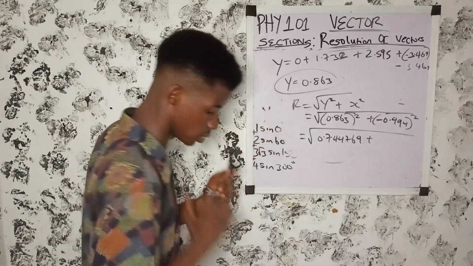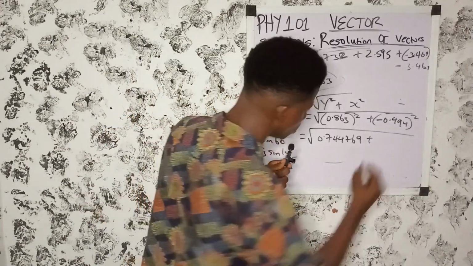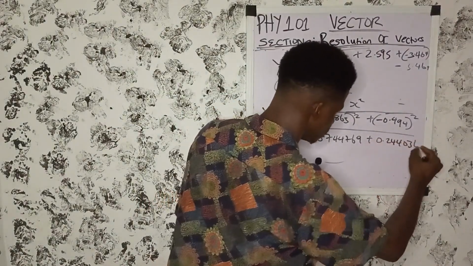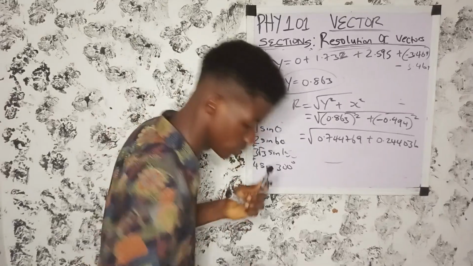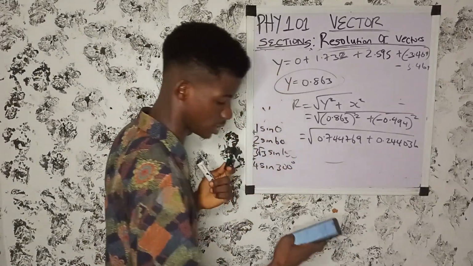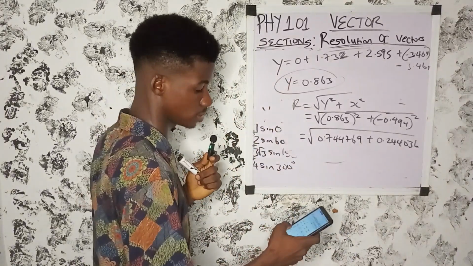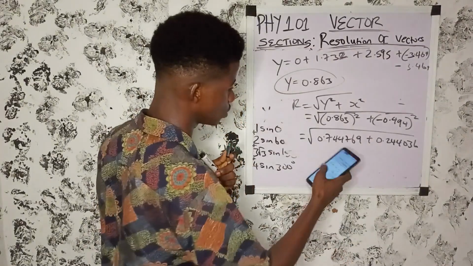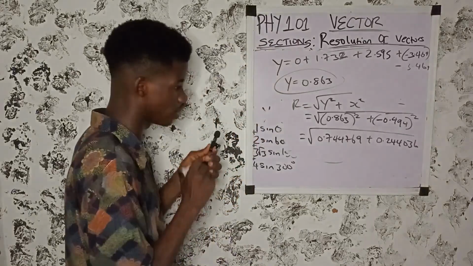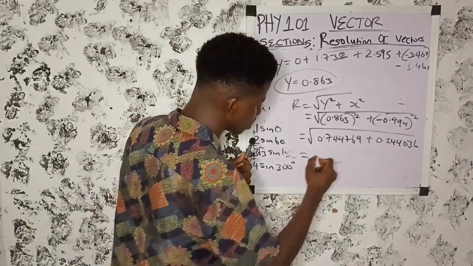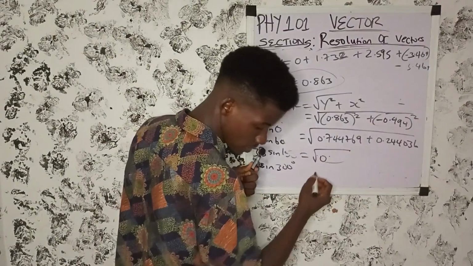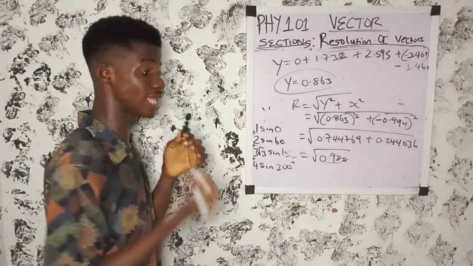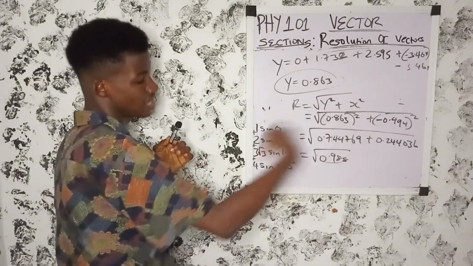We have 0.244036. So if we add these two together, 0.744769 with this one, we have 0.988.